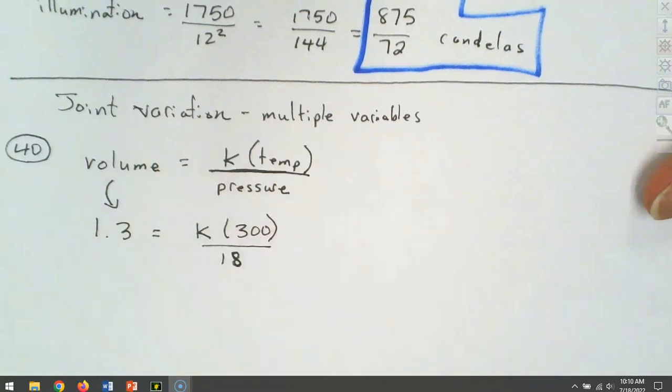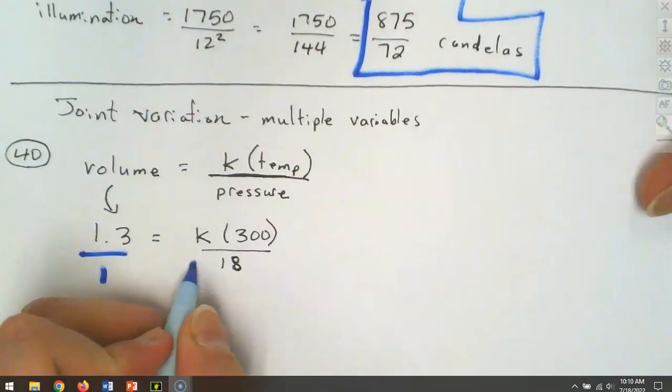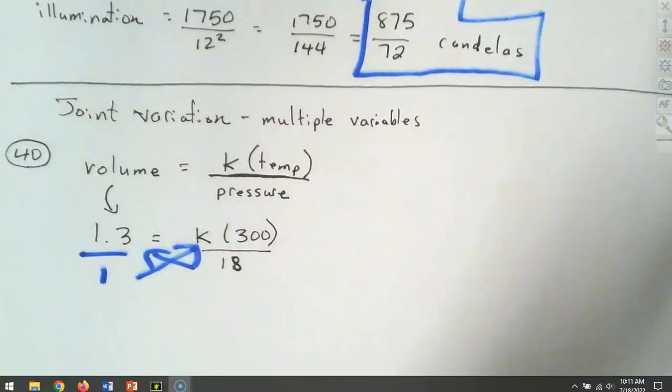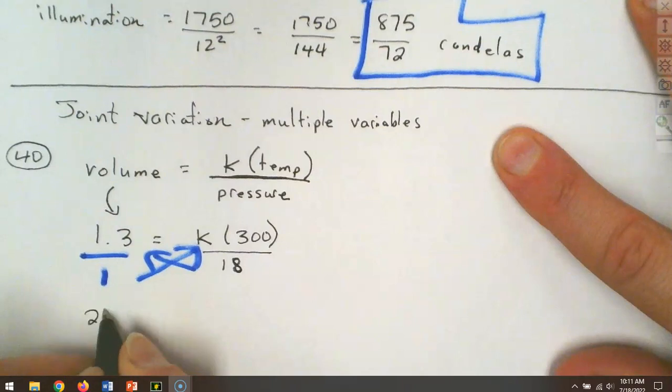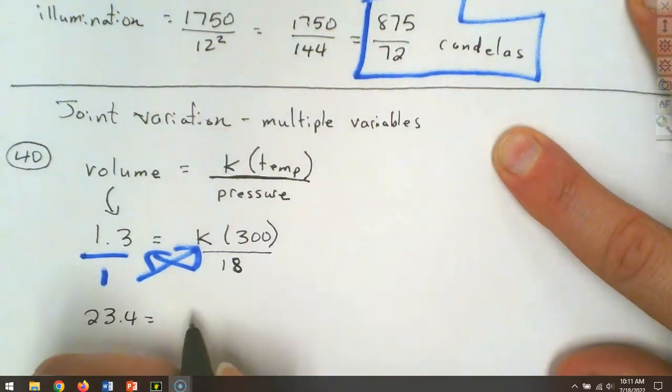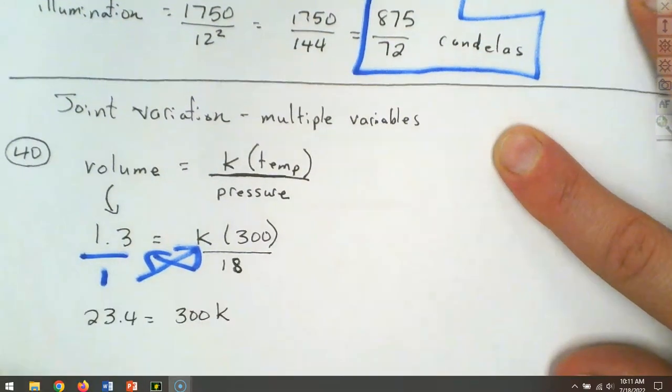So now we just work with this. We'll just go ahead and multiply. Easy enough. We'll just clear out the fractions by simply multiplying here. So we've got now 1.3 times that 18. That makes it 23.4. And that's going to be 300K.